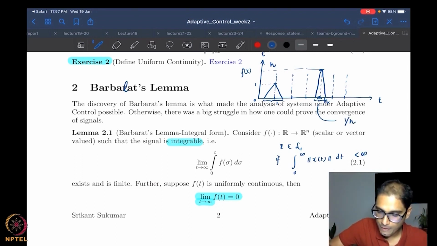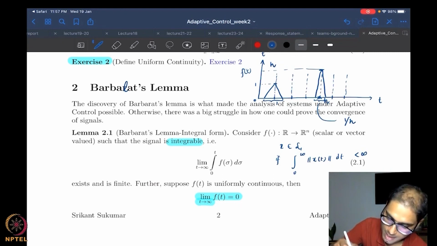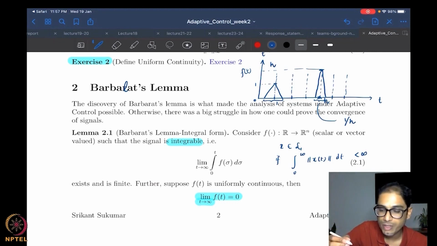Now if I look at the area of each of these, and try to integrate this function from 0 to infinity, it is really the sum of these areas.